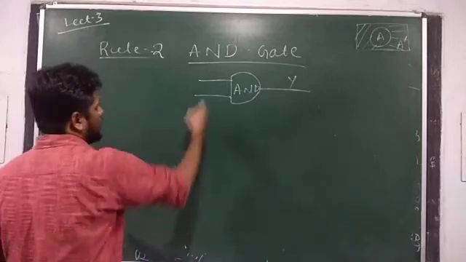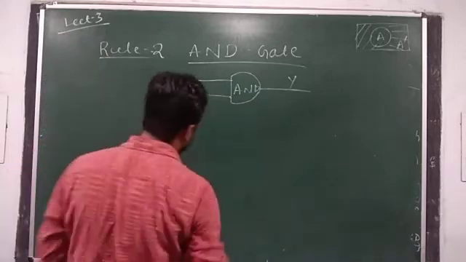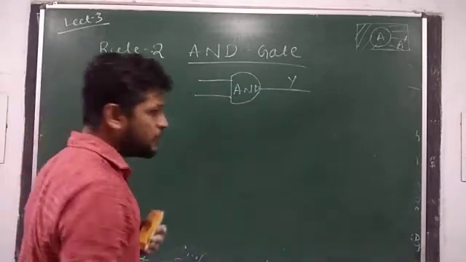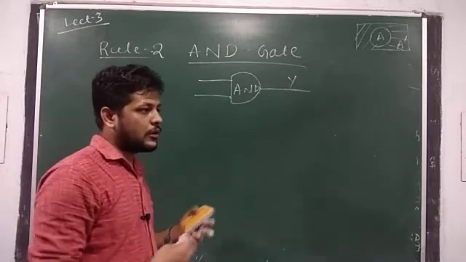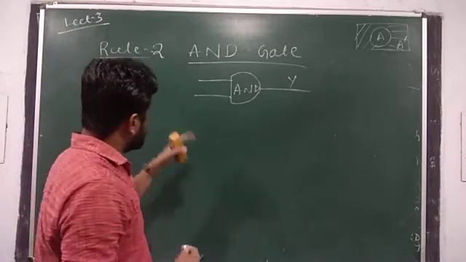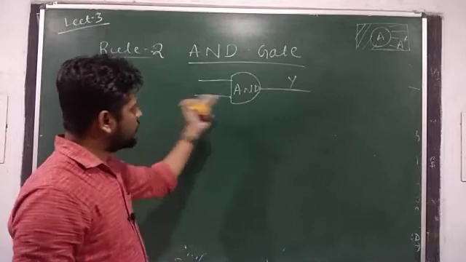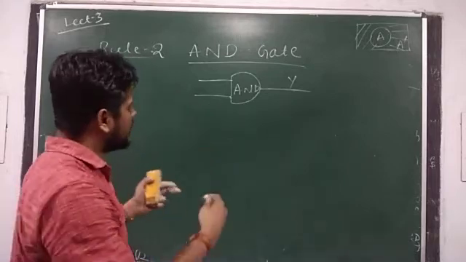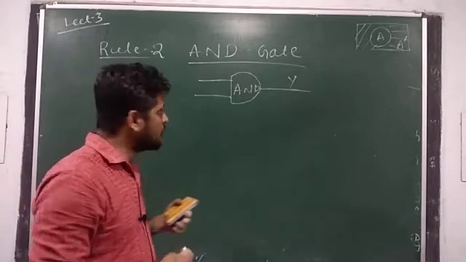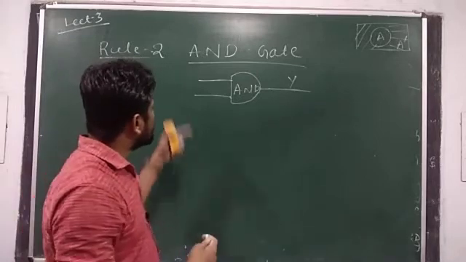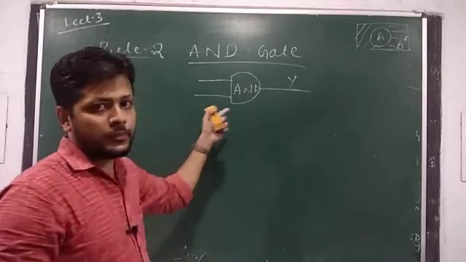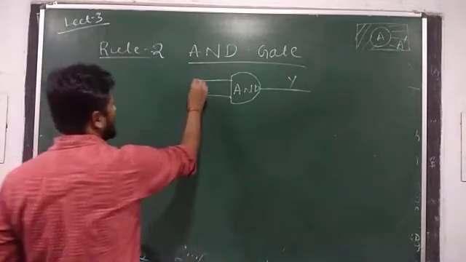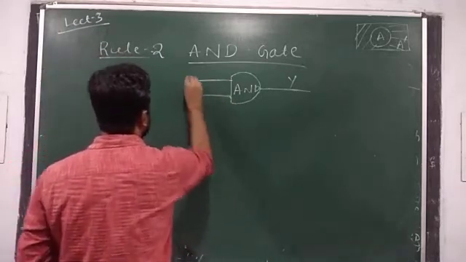Here we need a minimum of 2 inputs. We can also give 3, 4 inputs, as many inputs as per our requirement, if you increase the number of voltage levels to more than 2. But the minimum input is 2.